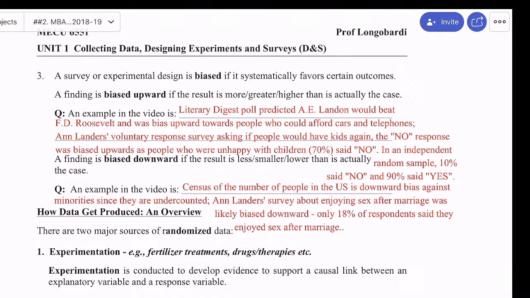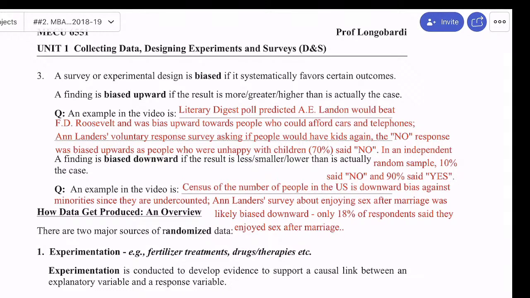Very good. So downward bias is the opposite. Ann Landers asked people if they would have kids again, and the overwhelming response was no. So that was bias upward towards no. 70% said no, they wouldn't. But then an independent random sample was taken where people were randomized and approached in a systematic way.